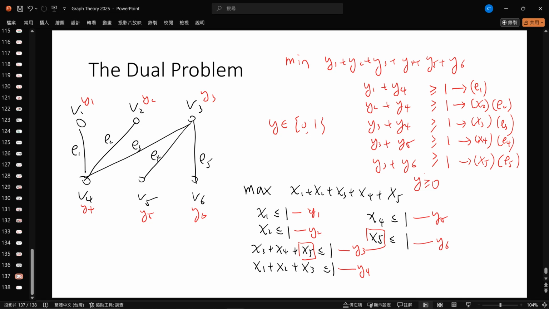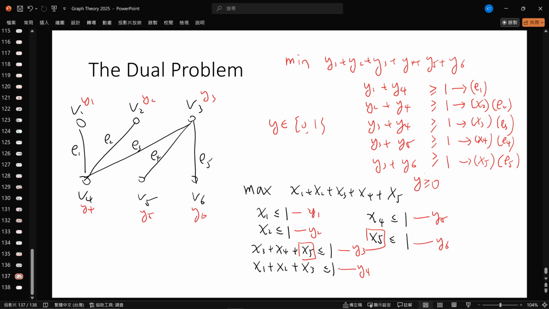So if we further impose the constraint that y can only be 0 or 1, okay? Then this becomes like a binary variable where every dual variable y can only be 0 or 1.